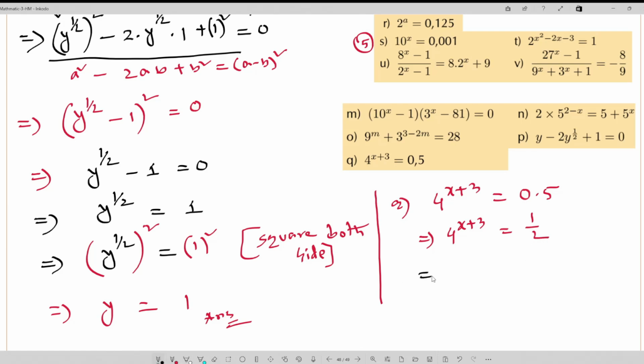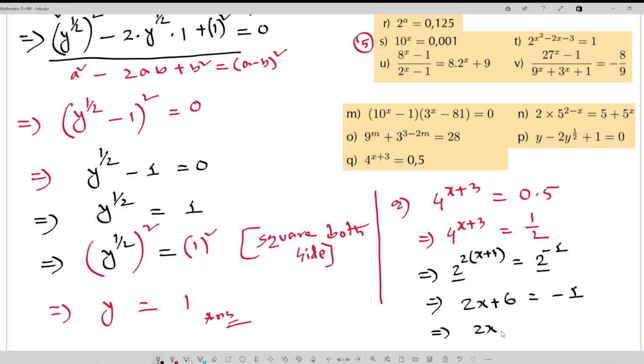Okay, then this 4 we can write 2 to the power 2 times x plus 3, and this 1 by 2 we can write 2 to the power minus 1.